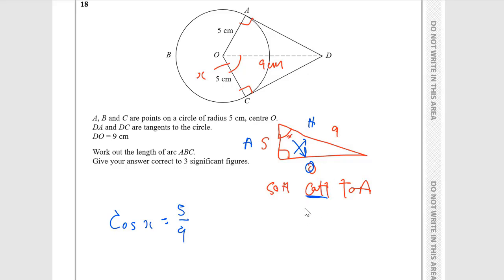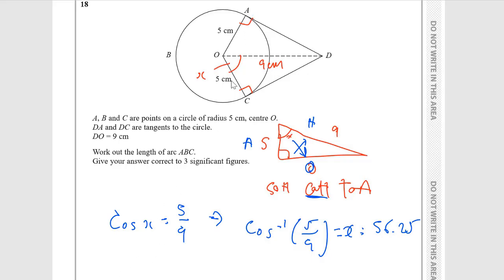Using the CAH. So therefore cos inverse 5/9 equals x, which is 56.25.